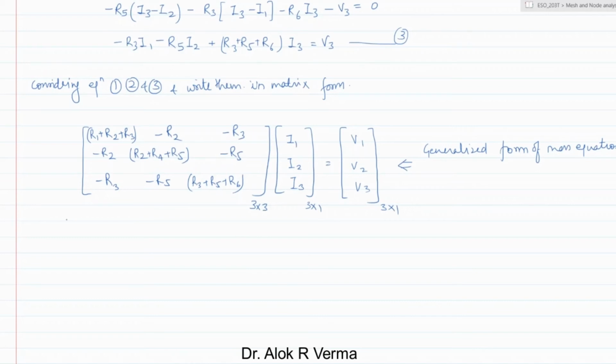So for a circuit of m number of meshes, the R matrix will be of the order of m by m, and the variable will be a vector of m by 1.